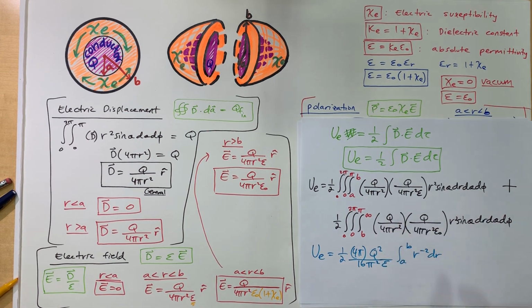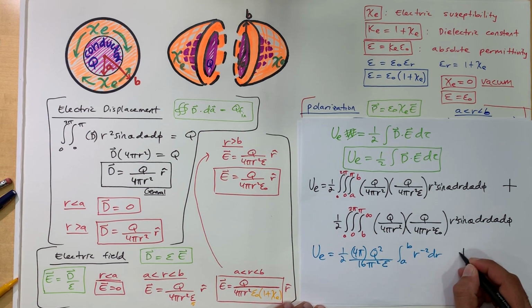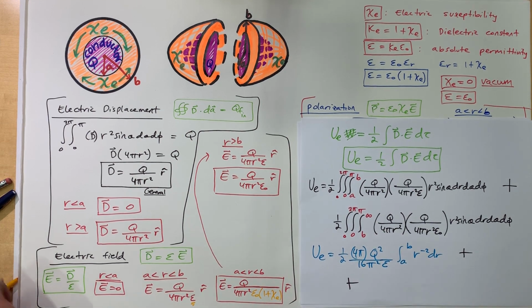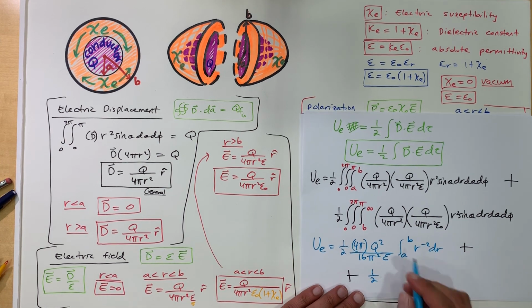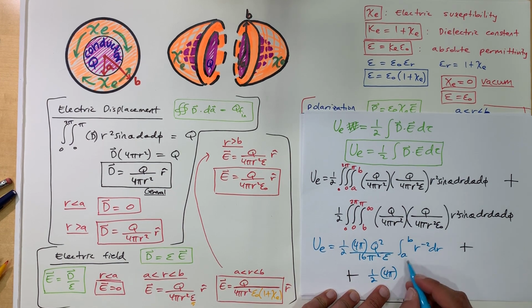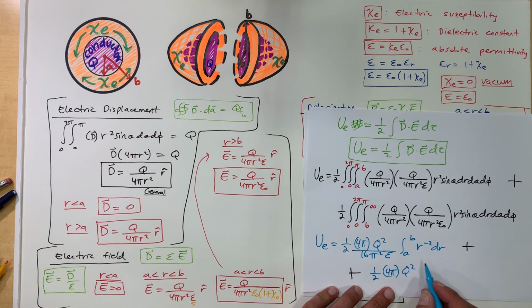And now let's simplify this second one. So this is plus, and now let's look at this second one right here. We got 1/2. Solid angle, we got Q squared.